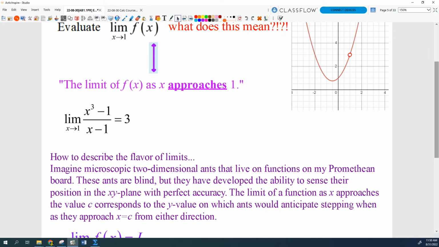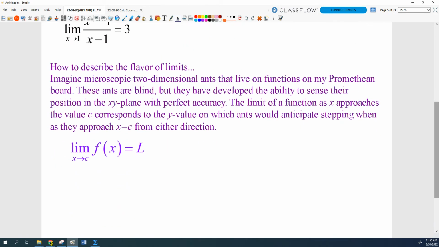Questions? If you could articulate a question, it helps everybody. So C is just the value. In this case, C is 1. C is just going to be the x value that we're approaching. It could be anything. In this particular example, it's 1. Down here, we didn't want to pin this down to one value.